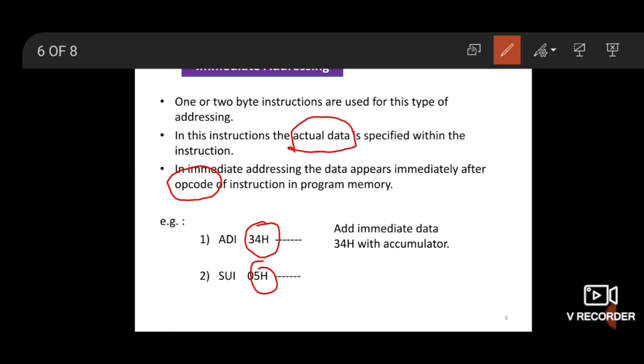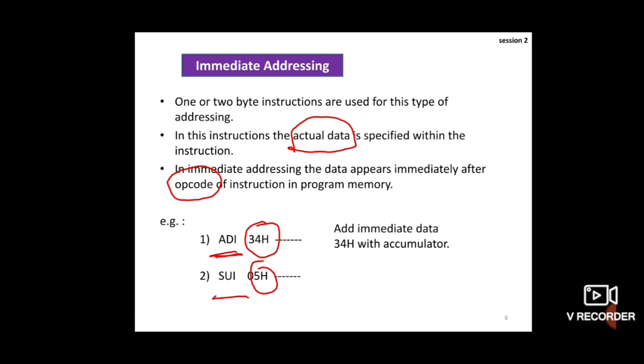ADI is an opcode, SUI is an opcode, and this actual data comes after the opcode of the instruction in program memory. Now SUI 05H means subtract immediate data 05H from the accumulator.